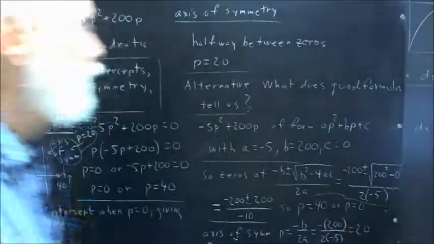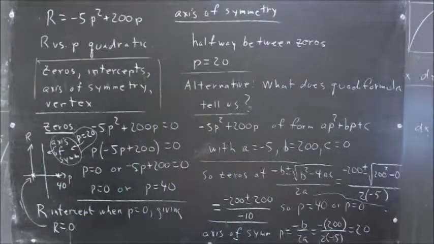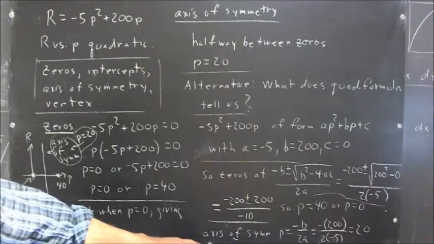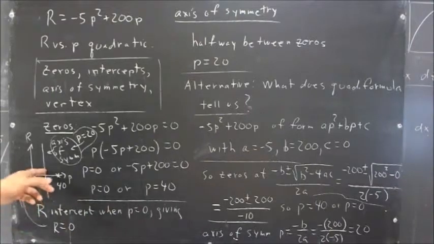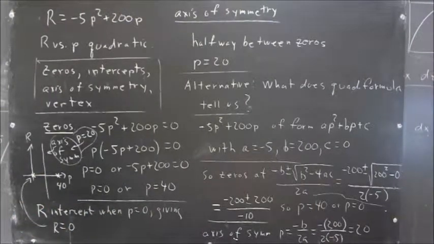P equals 20. So this confirms everything that we've conjectured to this point, confirms the axis of symmetry that we conjectured here and in the preceding clip, and it validates our zeros.